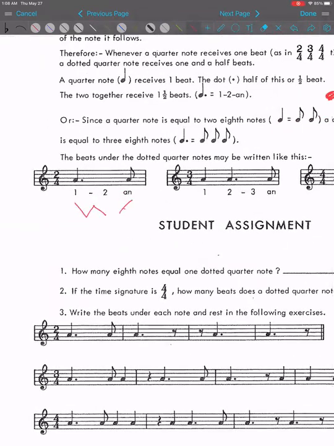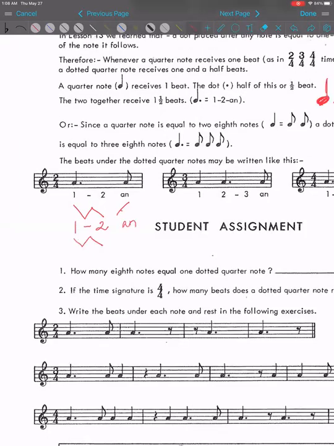So the way we put the counting of the beat is 1.5, which, even though it says 2, means that you arrive on 1 and cover the first half of the second beat, and then the 'and'.